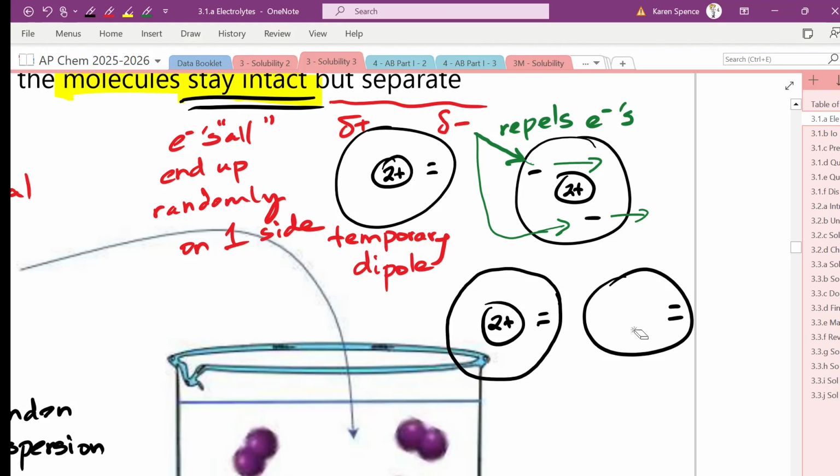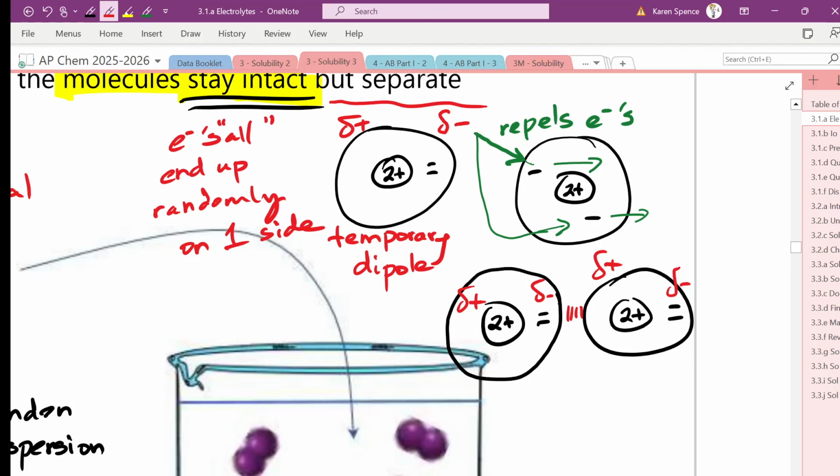Let's make that 2 plus legible. Okay, so now we have a slightly negative end on each of them and a slightly positive end on each of them, and that negative attracts that positive.